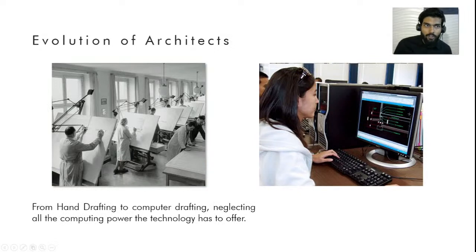So let's also talk about the evolution of architects while we are at it. On the left, what you see is an image of architects probably 150 years ago when there were no computers. So imagine if someone had to make Burj Khalifa back then, how would they do it?